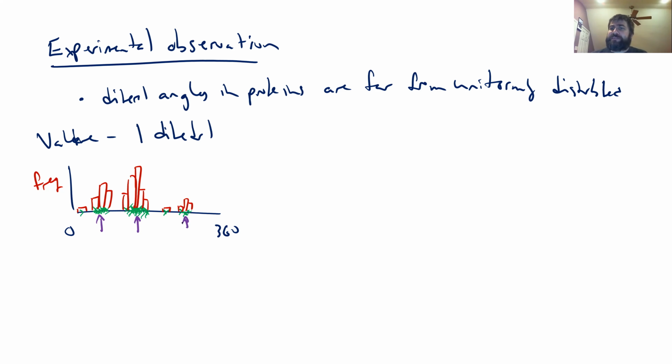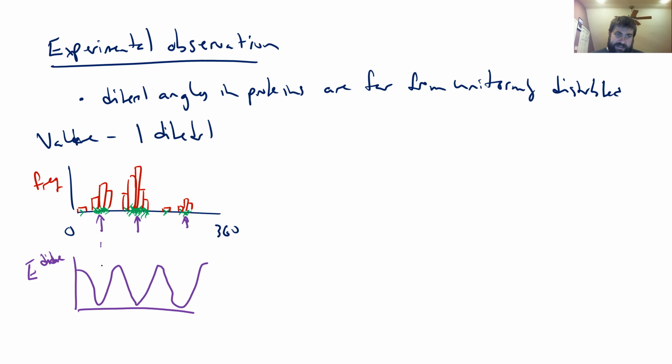And actually, this makes sense because we know that the energetic profile, even of just a dihedral angle by itself, is sinusoidal, right? And so we might expect the energy to have this kind of basic structure.